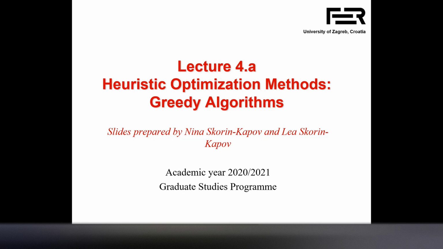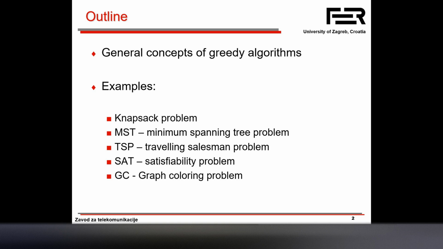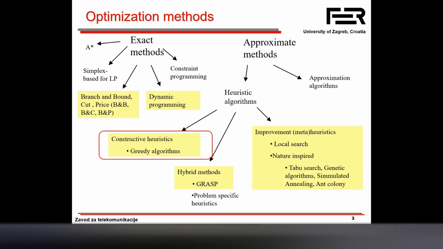So in that sense, I have this greedy approach where I'm looking at the locally optimal decision. These are some general concepts, and today we'll go through the general concepts behind greedy algorithms, and we'll look at some examples in terms of the various combinatorial problems that we have talked about previously. So we'll get back to these.